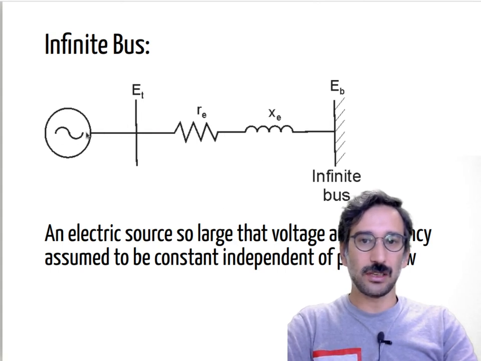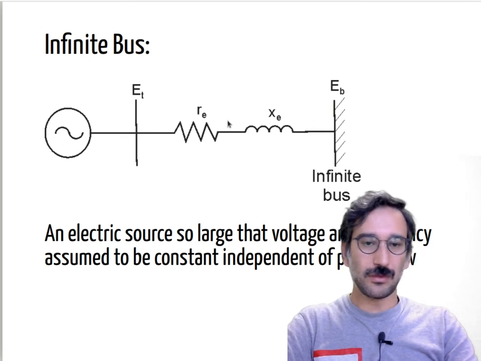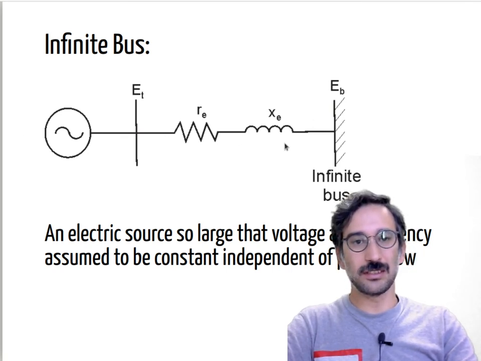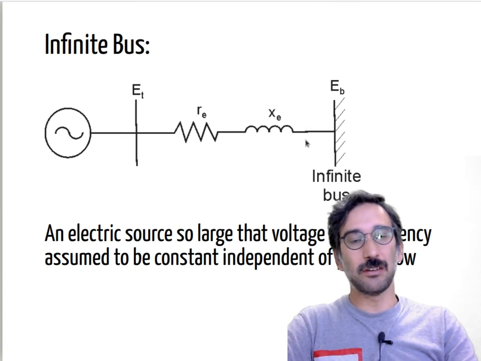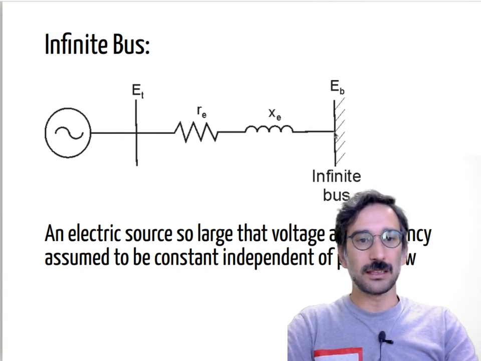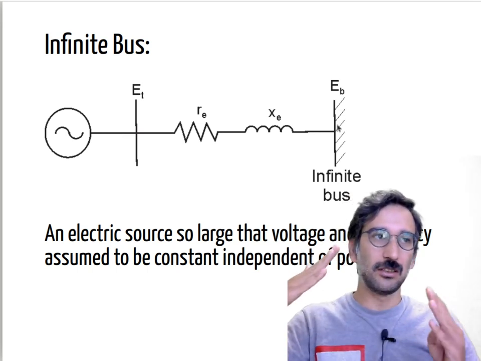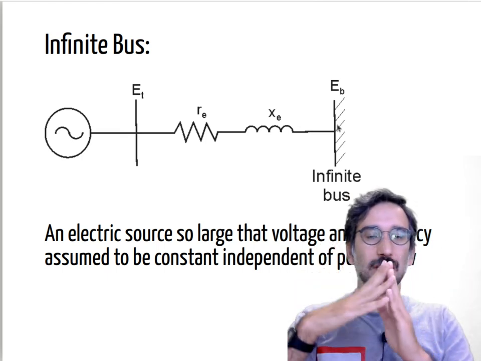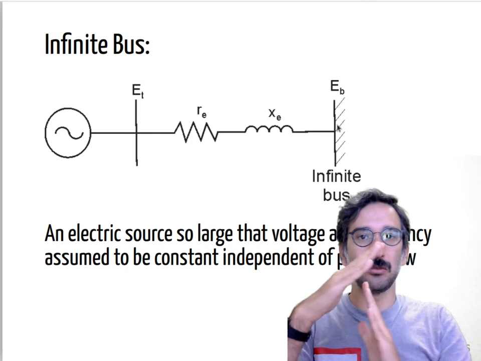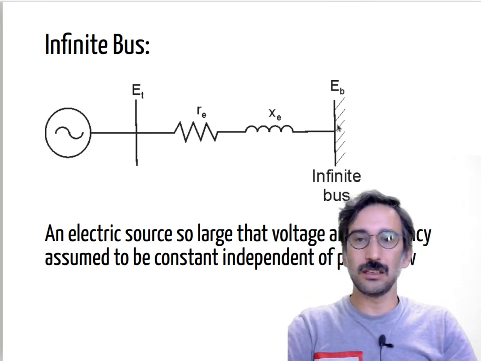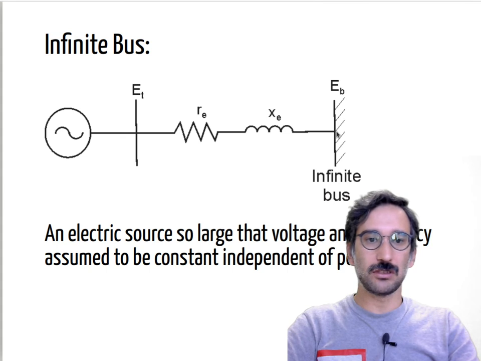Once you get connected to your bus, that terminal voltage will be constant. That wasn't the case in standalone operation, because there, even if you changed your load, if you don't modify your field current, then the output voltage is going to change. But once you connect to the infinite bus, that terminal voltage is going to stay.